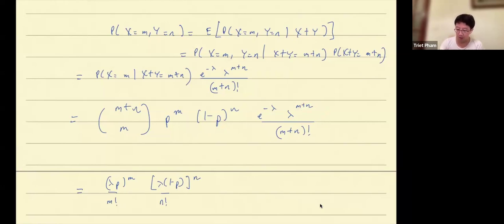All right. What about the e to minus lambda term? Well, lambda is lambda times 1, and 1 is P plus 1 minus P. So you can split this into lambda P and lambda 1 minus P. In other words, you can have e to minus lambda P here, and e to minus lambda 1 minus P here.